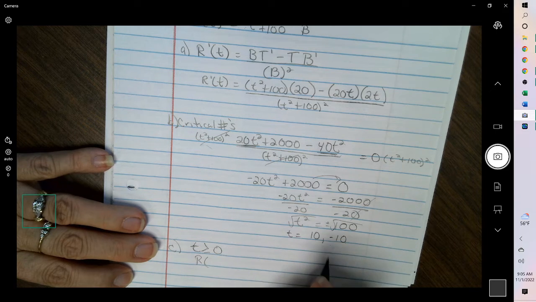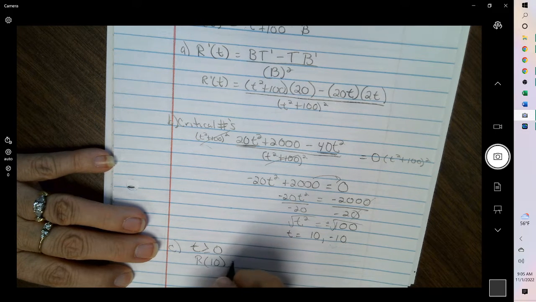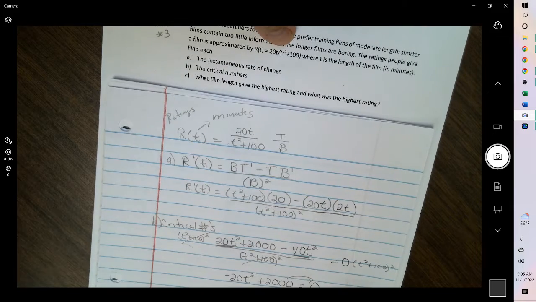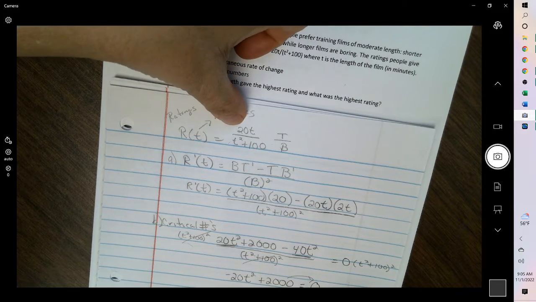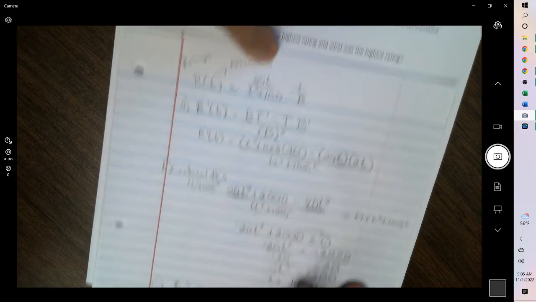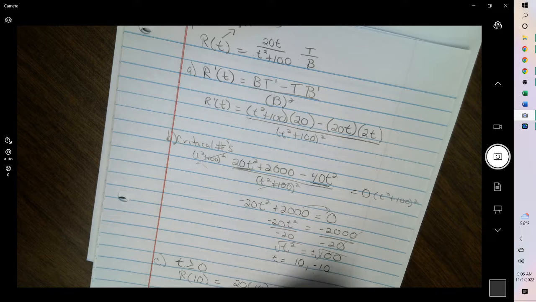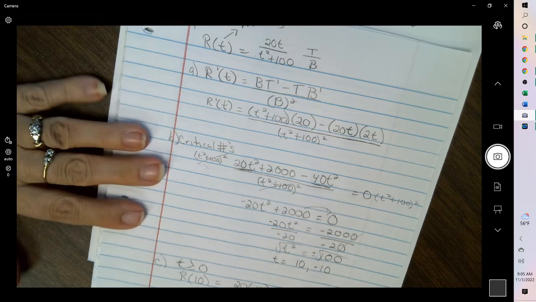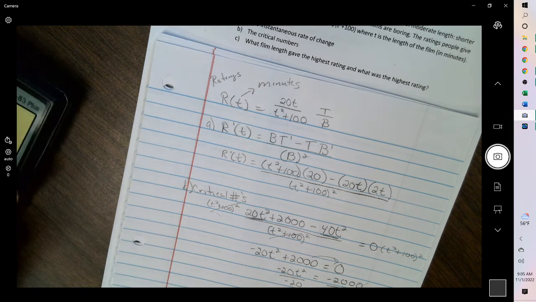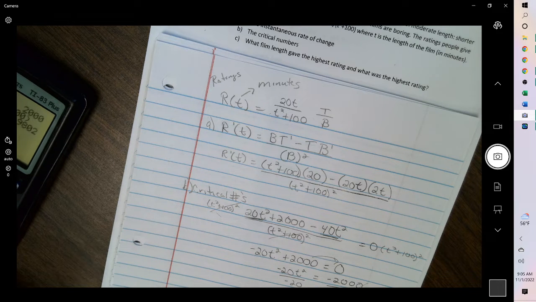So we just need to test the 10, or plug it in. We're plugging it into the original equation because that's the one before the derivative. 20 times 10 over 10 squared plus 100.